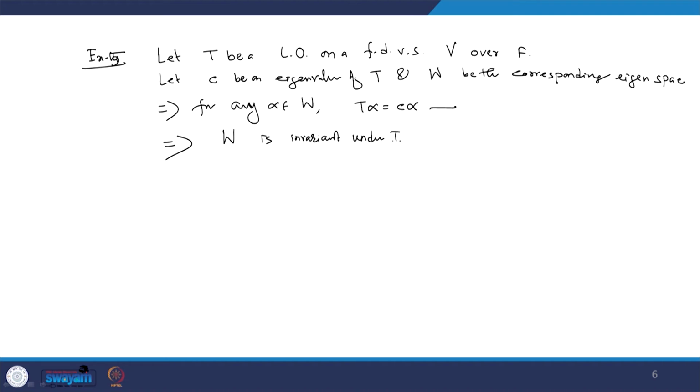Now, let us see in what way this concept of invariance will be helpful to understand the characteristic polynomial and minimal polynomial of the operator.